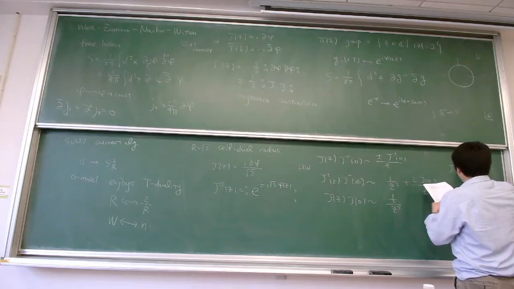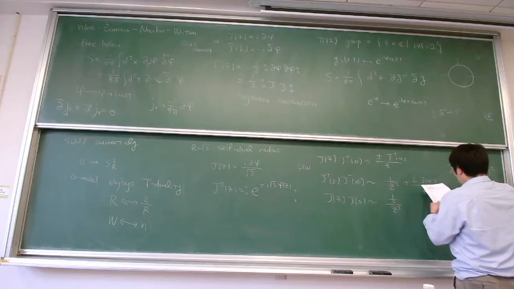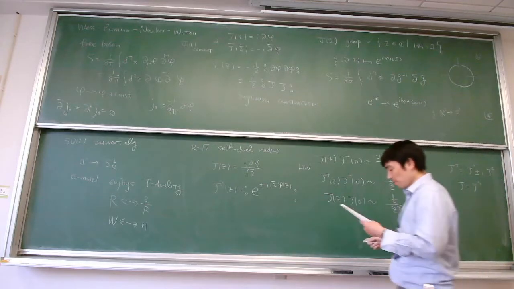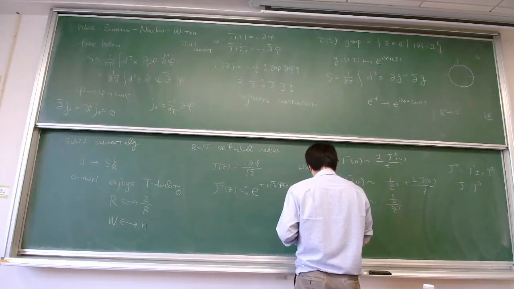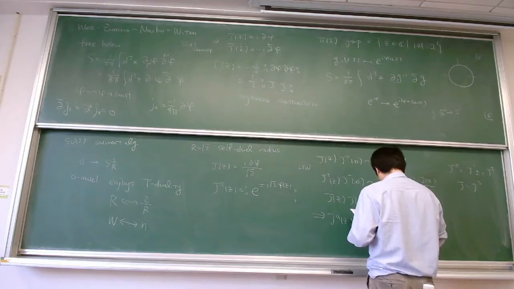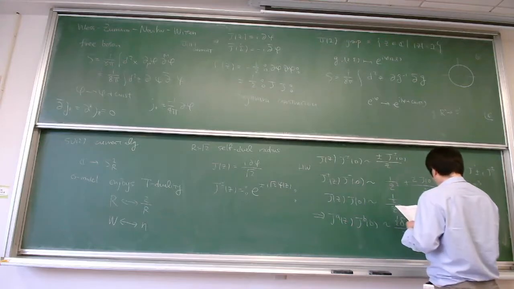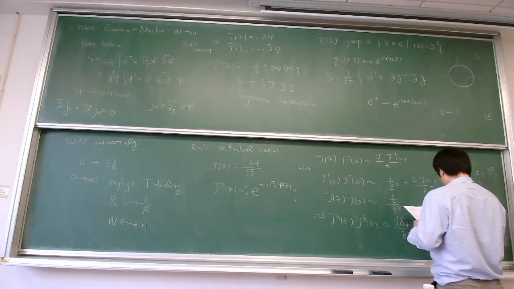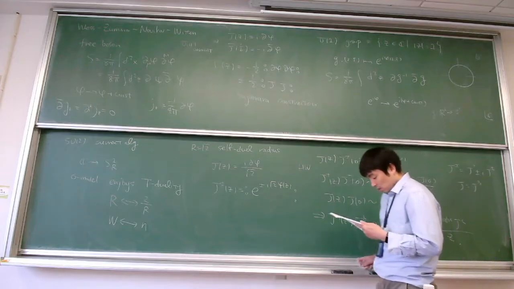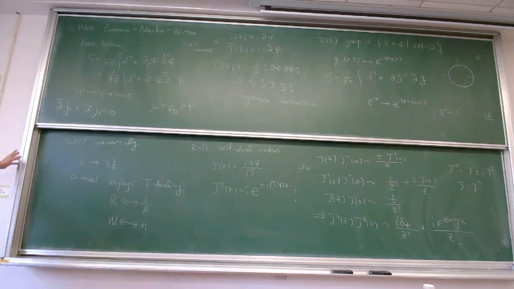If you introduce j plus minus equal to j1 plus minus i j2, and j equal to j3, this OPE can be repackaged into J^A(z) J^B(0) equal to delta^AB (1/2) over z squared plus i epsilon^ABC J^C over z.